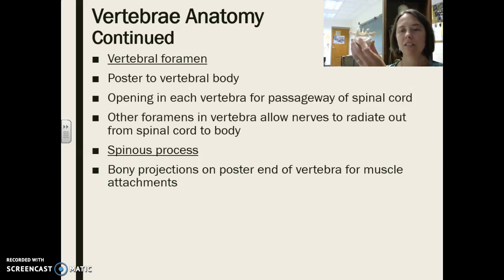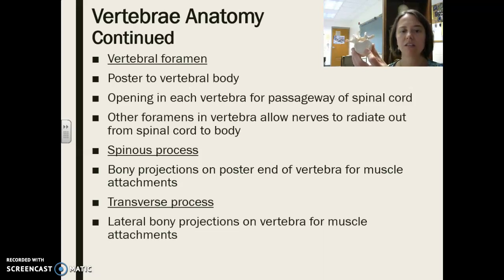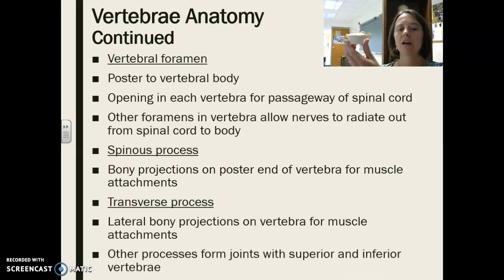So you'll have ligaments and tendons attached there. And then there is the transverse process. These are lateral bony projections on each side of the vertebra for muscle attachments. So you'd have tendons there. Other processes form joints with superior and inferior vertebrae. So these processes would form joints with the vertebra above, and these processes would form joints with the vertebra below.